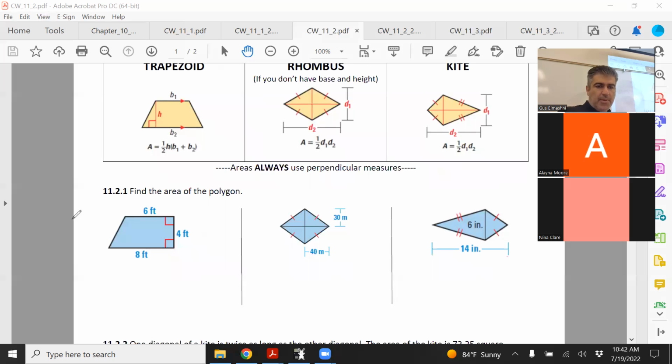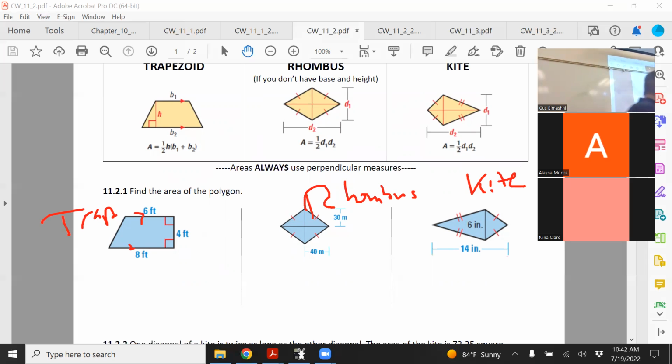So here you got a trapezoid, right? Here you got a rhombus. And here you got a kite. Pretty obvious based upon the looks, but also the fact you have two parallel sides here. All sides are congruent for the second diagram. And a kite, you got two pairs of consecutive sides that are the same.